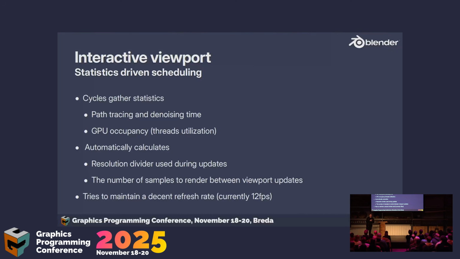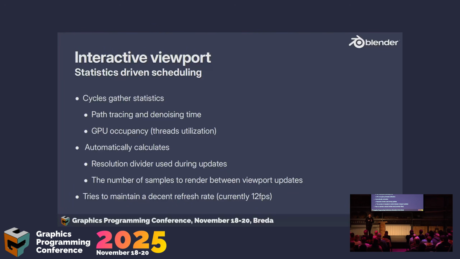Additionally, all the scheduling, both in the viewport and for final renders as well, is based on statistics we gather during rendering. For example, we gather timing performance of the path tracing step and the denoising step, and we also keep track of the GPU thread utilization.